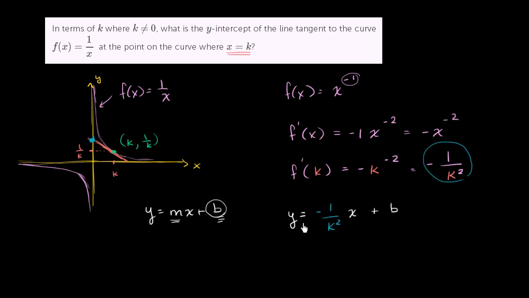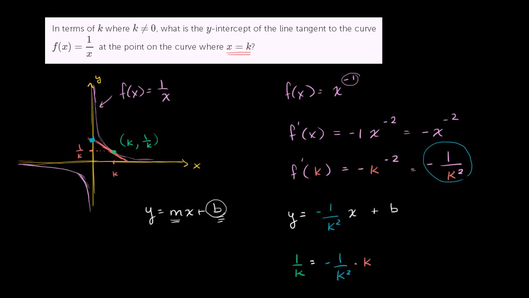Well, we know what y is when x is equal to k, so we can use that to solve for b. We know that y is equal to 1 over k when x is equal to k. So this is going to be equal to negative 1 over k squared times k plus b.